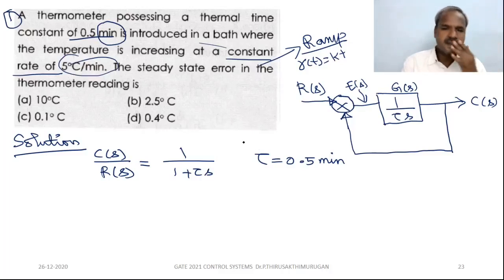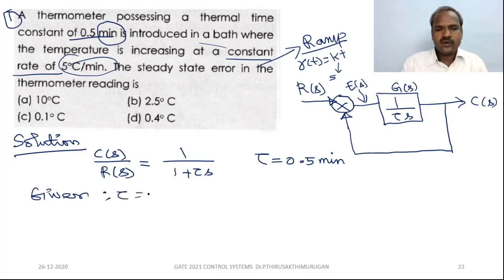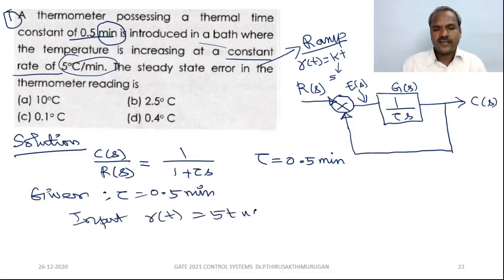So R of t equals 5 times t u of t, and tau equals 0.5 minute.